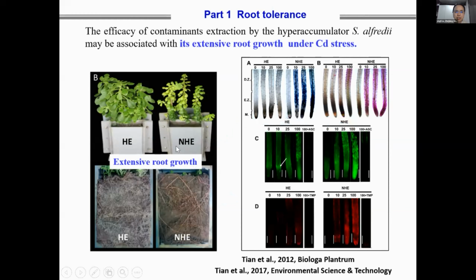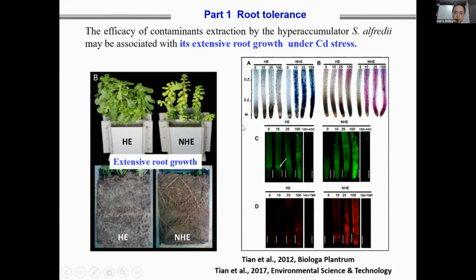The first thing we found is that this plant is very tolerant to cadmium, and we can see that on the contaminated soils, the roots are very extensive. So the roots can grow very well in the contaminated soils, but the non-hyperaccumulating ecotype cannot.